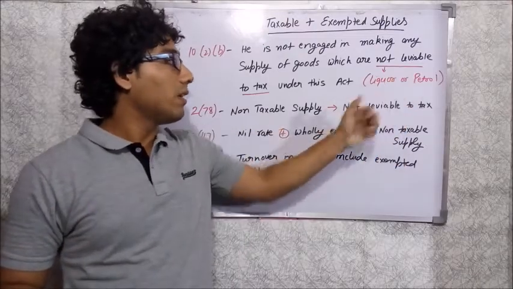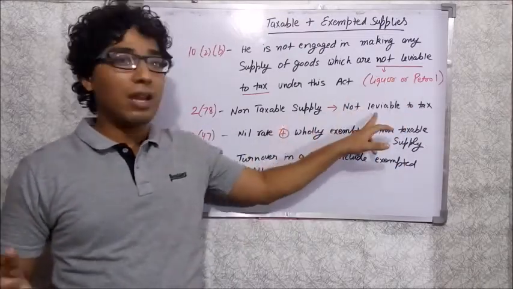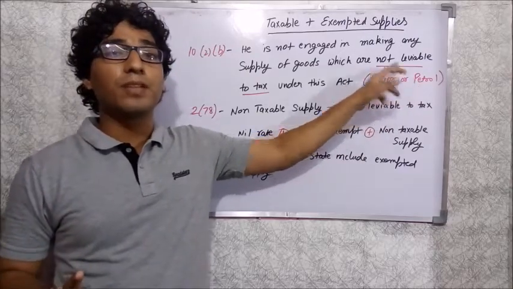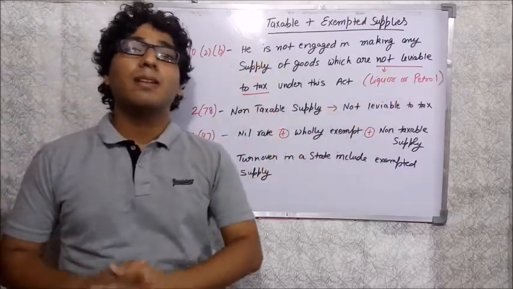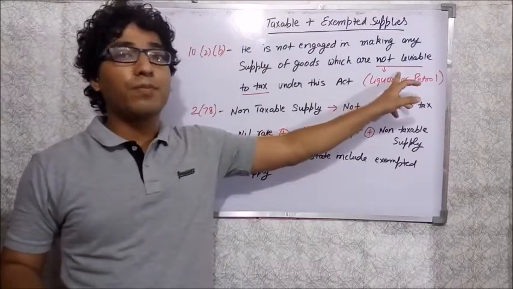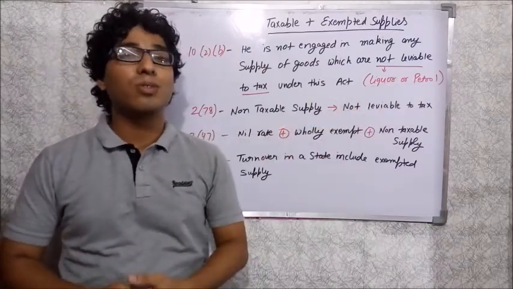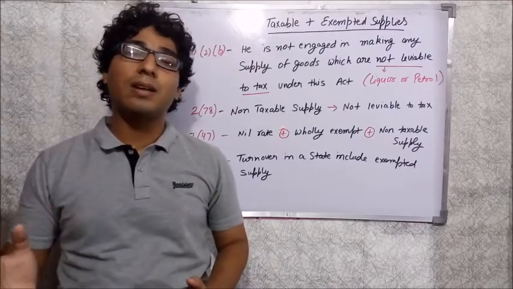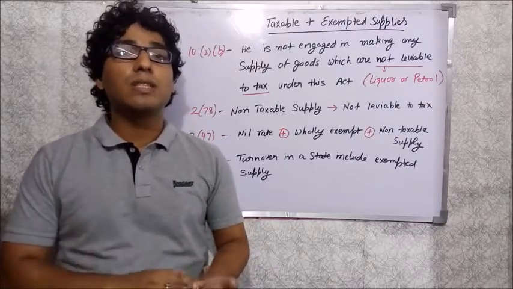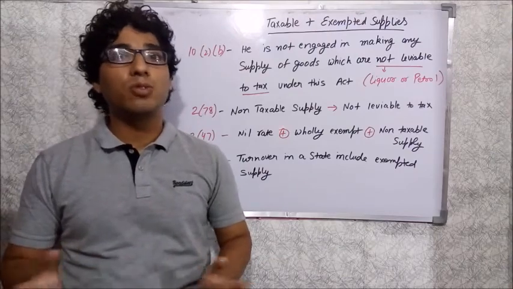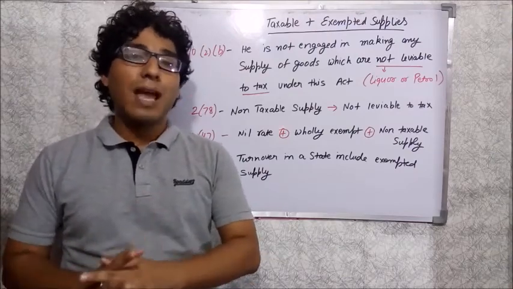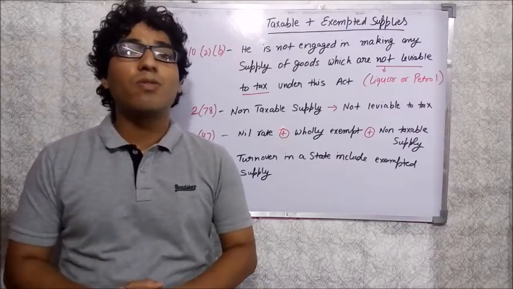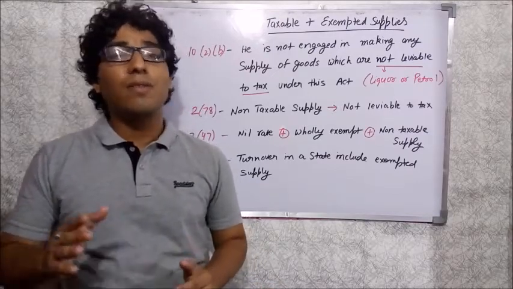So non-taxable supply, which is not leviable to tax, is what is written here in section 10 subsection 2 clause B. Not leviable to tax doesn't mean those goods which are nil rated or completely exempt. So not leviable to tax is different from nil rated or exempted goods. Therefore we have to check the definition of not leviable to tax.